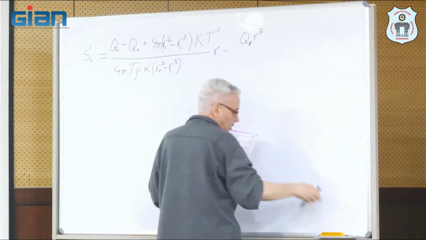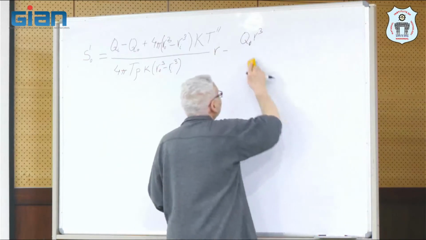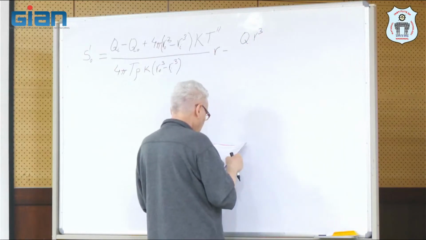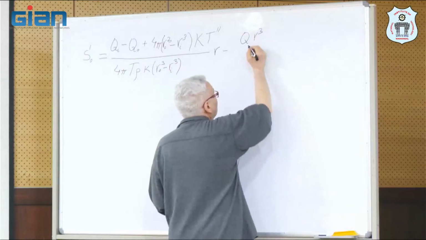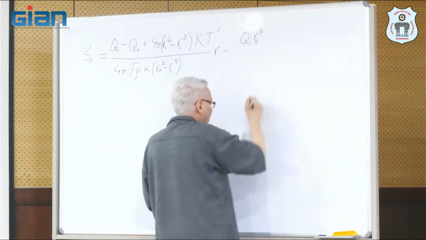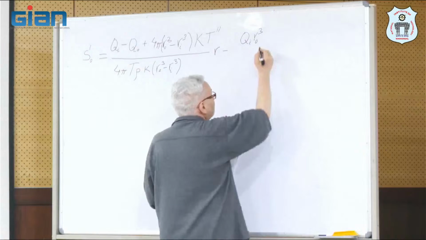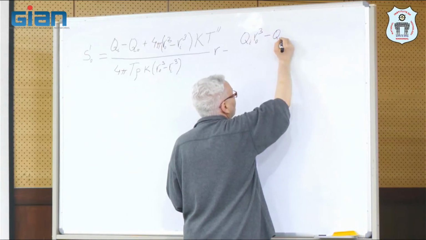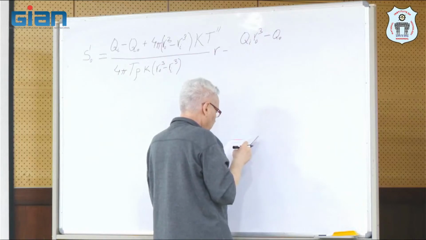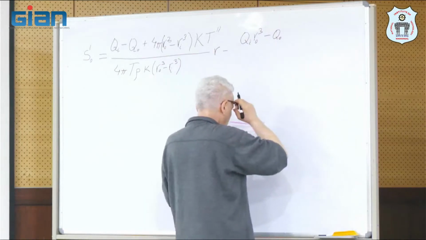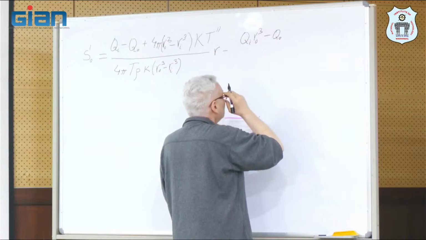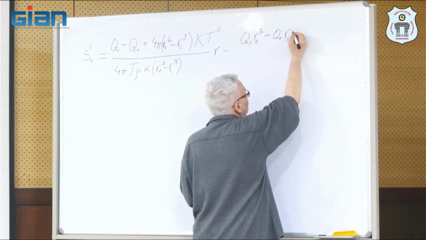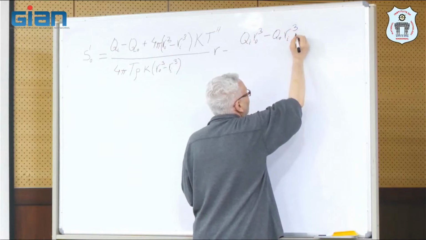Oh no, I wrote correctly, but sorry for my mistake. QI RO. Then we minus QO RI. There is some exchange between these two values. Cube.